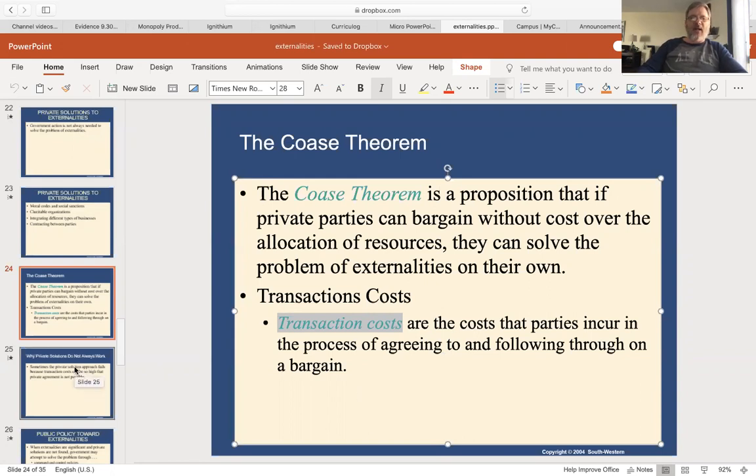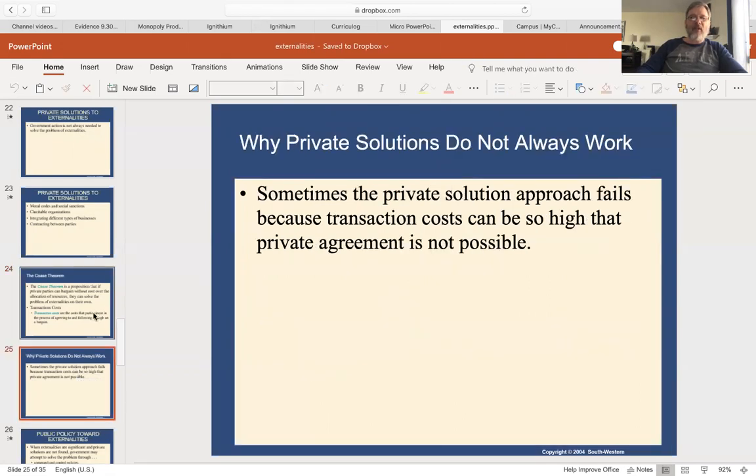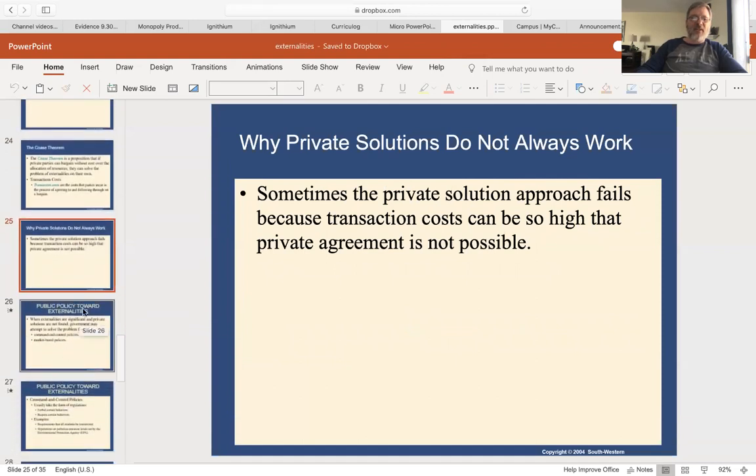There's another reason why private parties sometimes don't bargain, even if transactions costs are low. It's another one that Coase pointed out, and that is that it's not always clear that the property rights at issue are well defined enough for the parties to be able to bargain.